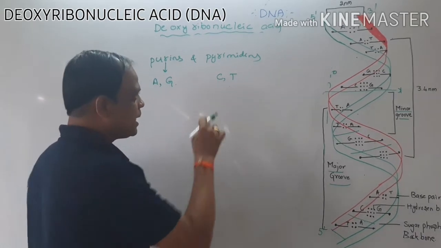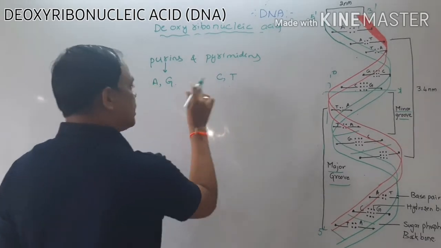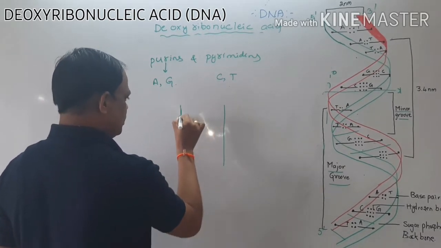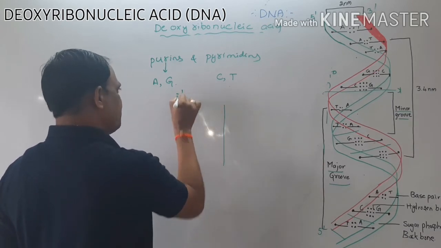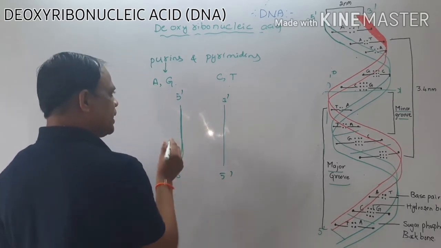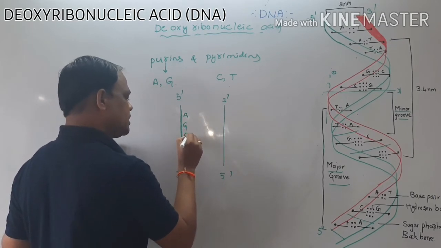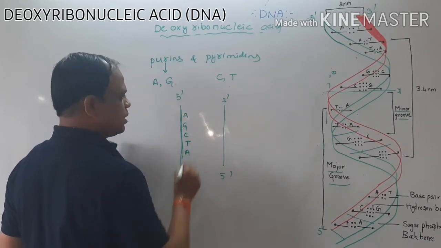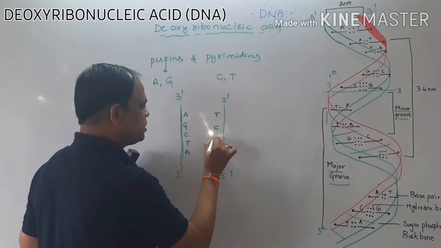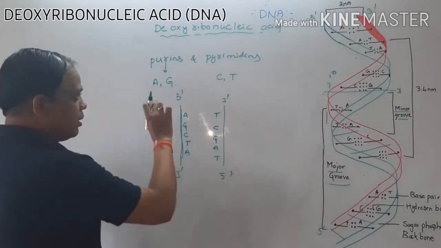In RNA, instead of thymine, uracil is present. Right, here are the complementary strands. For example, these are two strands. This is 5 prime and 3 prime, and 3 prime and 5 prime. One strand contains adenine, guanine, cytosine, thymine, and adenine. Here the adenine binds with thymine, guanine with cytosine, guanine, and adenine with thymine.